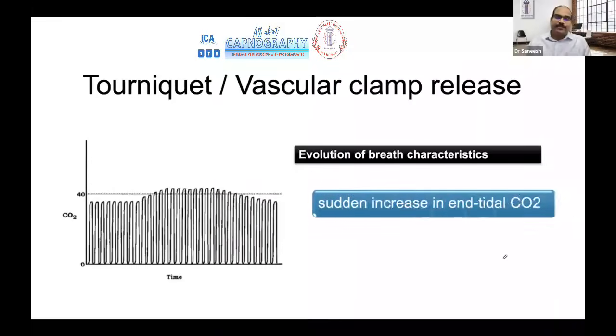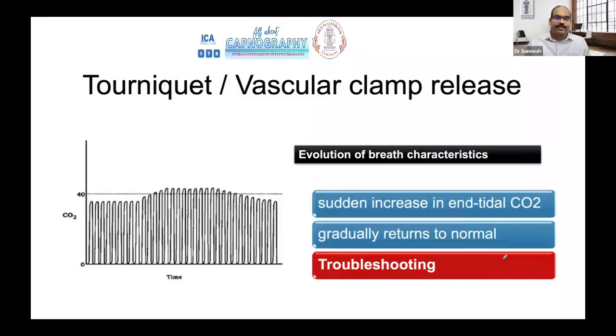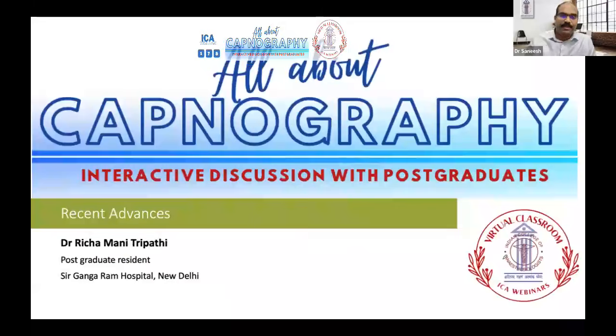Release of tourniquet or release of vascular clamp, these are the possibilities. Once you release the tourniquet, suddenly there is a surge of metabolites. The smoke from the fire of metabolism gets emptied into the general circulation and gets exhaled through the lungs, and after some time it goes back. Same happens with vascular clamping also.